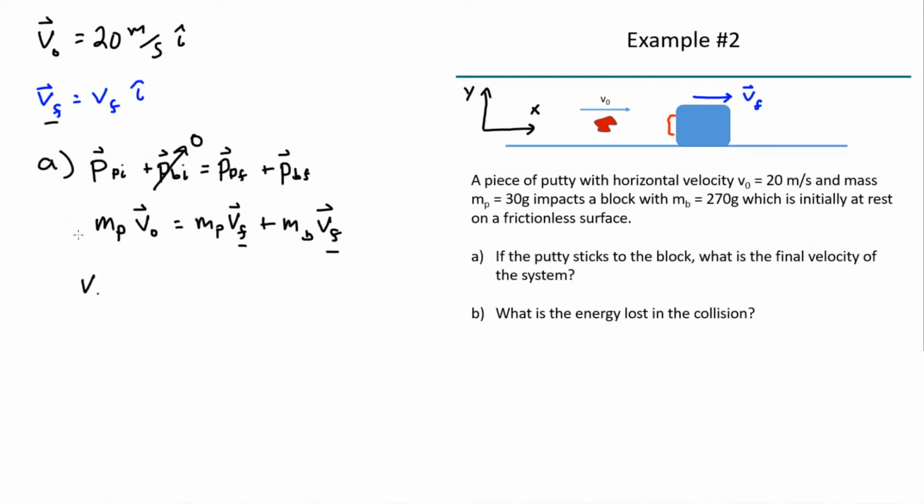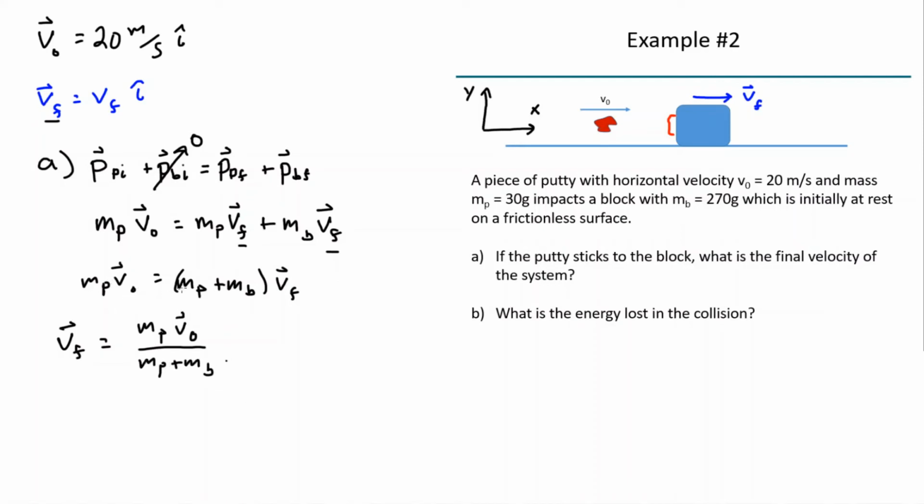I have MP V initial equals MP plus MB times V final. I can solve this for V final. I get V final equals MP V initial over MP plus MB.